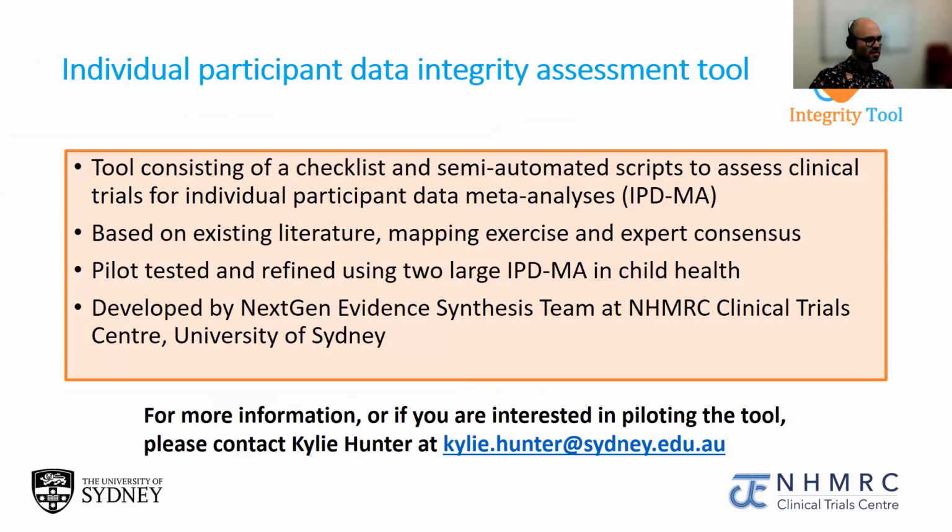So colleagues at the University of Sydney have been doing some work on assessing data integrity in the context of IPD meta-analysis. So that's an interesting situation where you have the underlying data sets from all of the trials that you're considering. That opens up a lot of possibilities, I think. So I understand that that's ongoing at the moment.